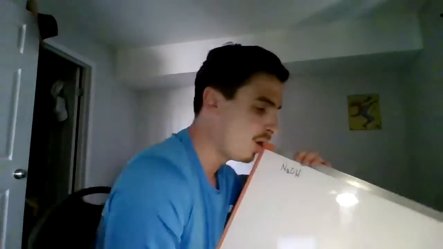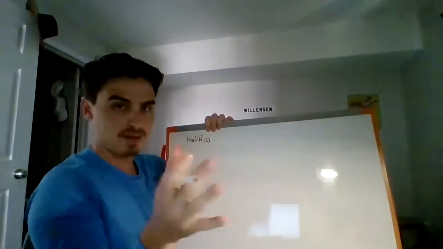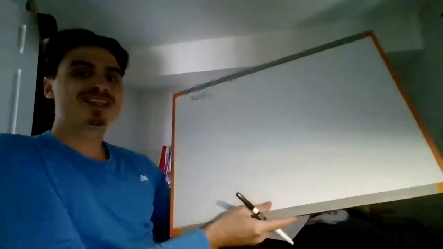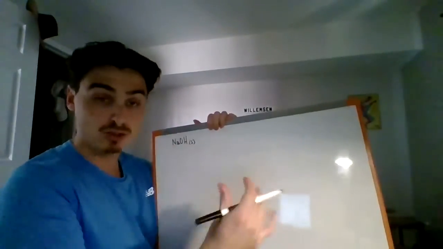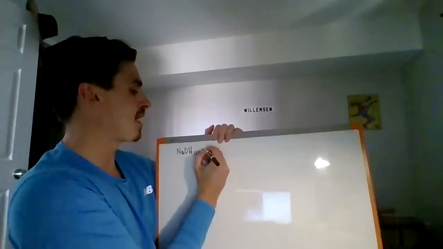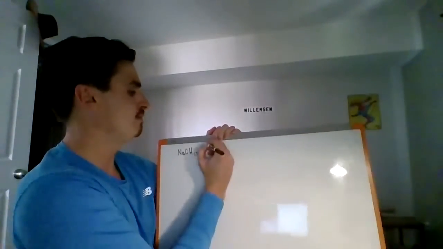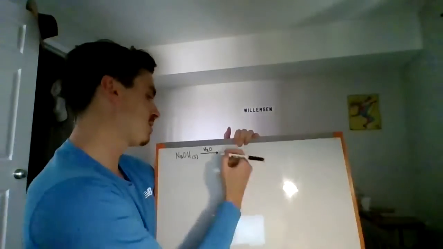Okay, sodium hydroxide. If I write out the chemical formula for that, I have NaOH, which we know is an ionic compound, which is a solid. And that makes sense based on the question because it says I take 1.06 grams of solute and put it in water. Now, when I take an ionic compound and I put it in water, hopefully this is drilled into your heads, it dissociates.